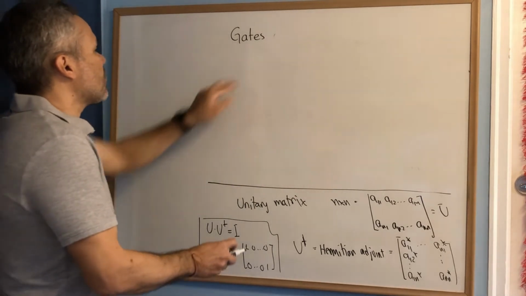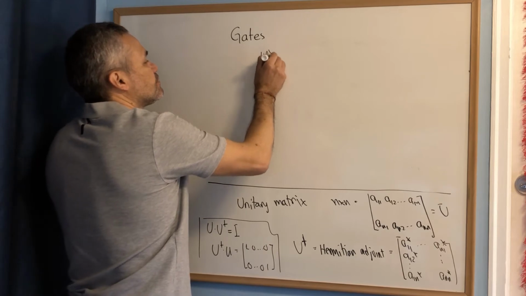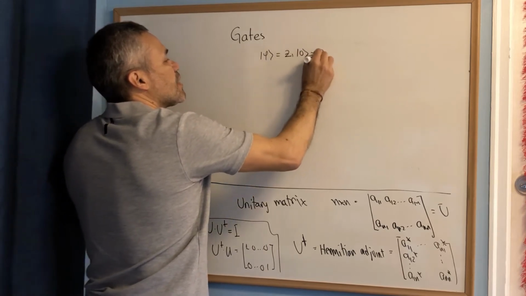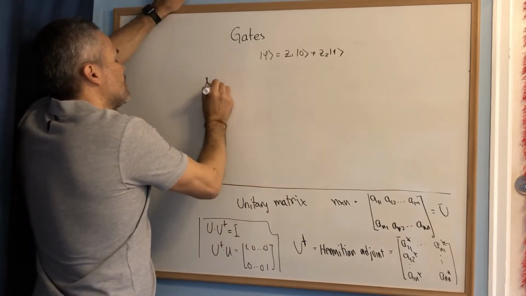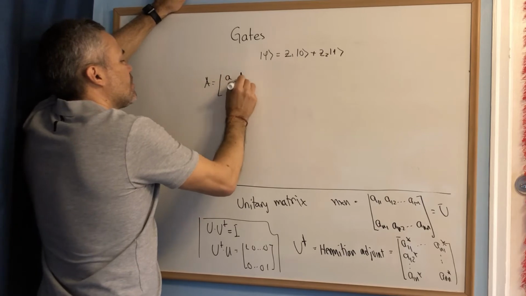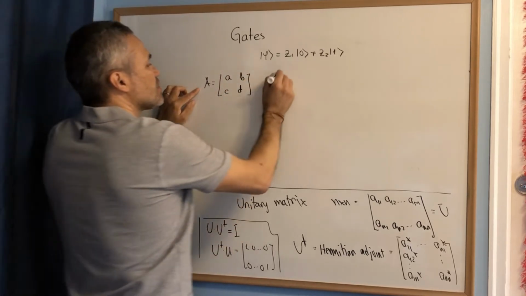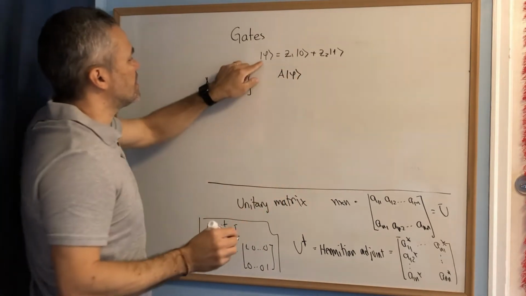Let's think about just one qubit. If we have one qubit, then we have something like C1 state 0 plus C2 state 1. And let's suppose that we have a gate. A gate will look like A, B, C, D. And then what is the action of this gate on this ket?